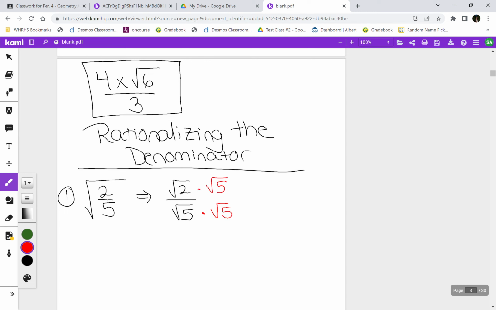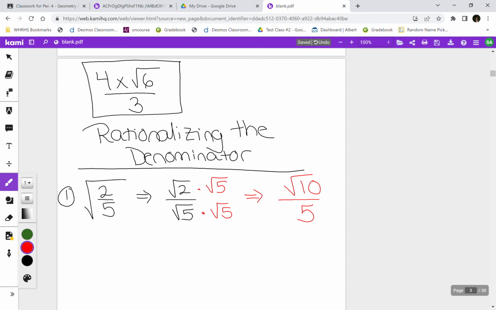When you multiply the top and bottom by the same thing, it's like multiplying root 5 over root 5. Isn't that just one whole? Anything divided by itself is 1. So I'm really not changing the value because I'm multiplying numerator and denominator by the same thing. So now in my numerator, root 2 times root 5 is root 10. Root 5 times root 5 is whole number 5.